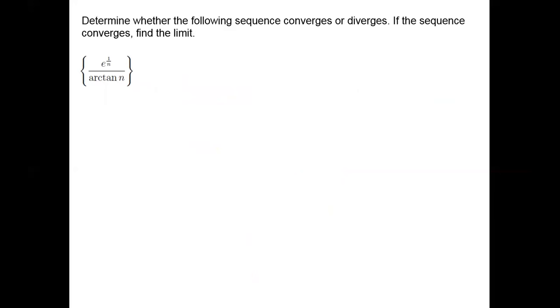Another one, e to the power of 1 over n over arctan n. Let's check the limit at infinity. I can just rewrite the denominator as the inverse tangent of n, that's arctan of n. 1 over n, as n goes to infinity, is 0.